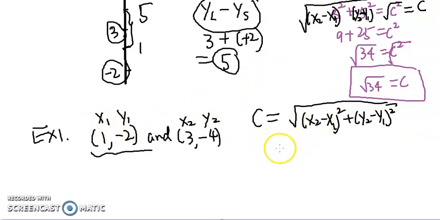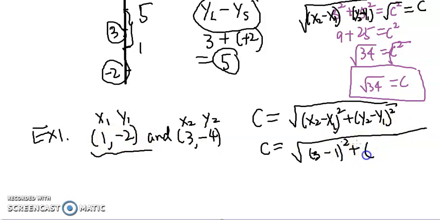So now we can plug numbers into this distance formula here. So c equals square root of (x2 is 3 minus x1 is 1) squared plus (y2 is negative 4 minus y1 is negative 2) squared. So there will be another minus sign. This minus comes from the formula. This minus comes from y1. And now we simplify this.